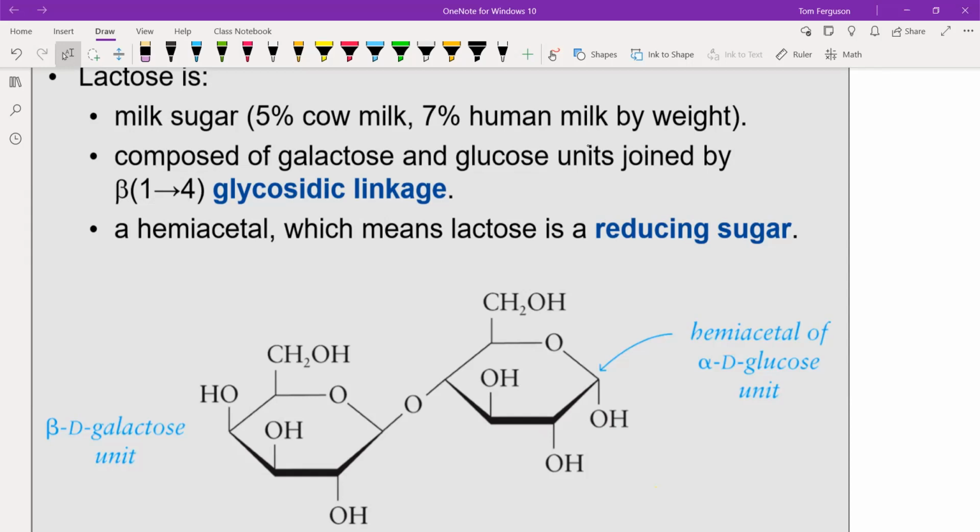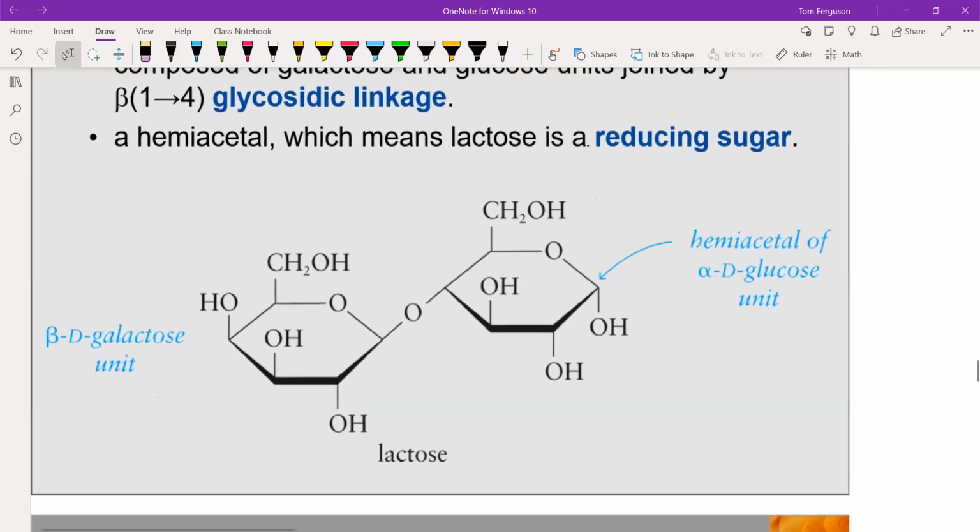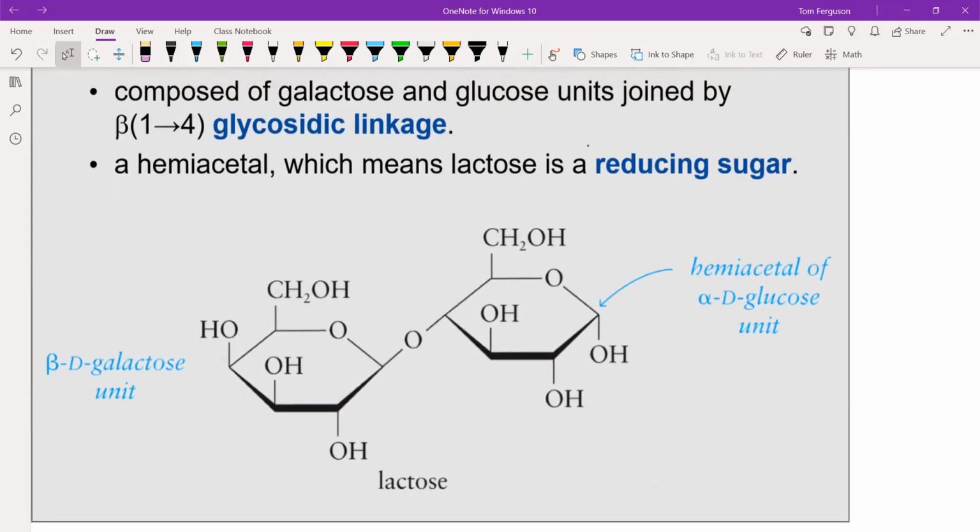Okay, so lactose is made with galactose and glucose. And this happens to be alpha lactose because that is an alpha. Now look at the linkage here. The linkage starts with a beta galactose.